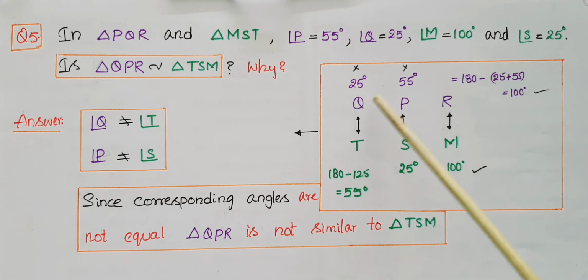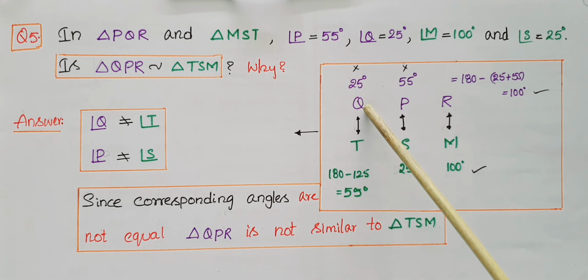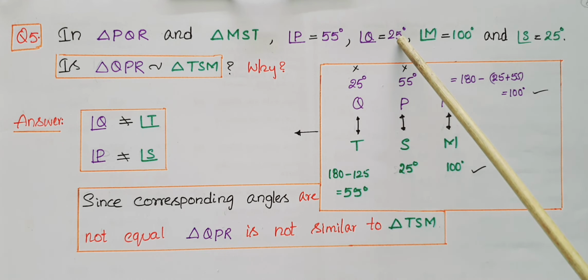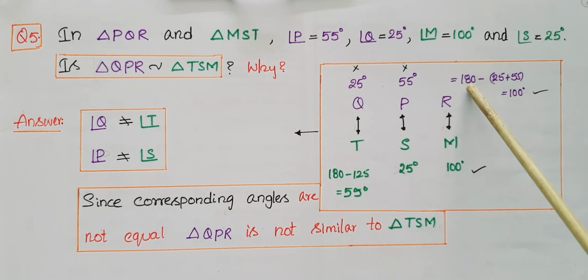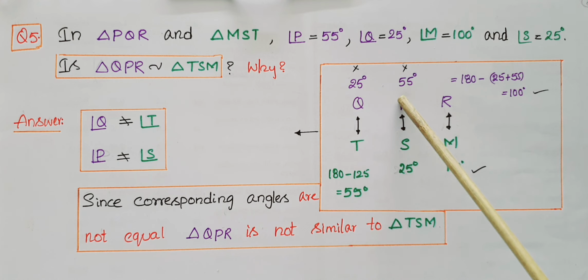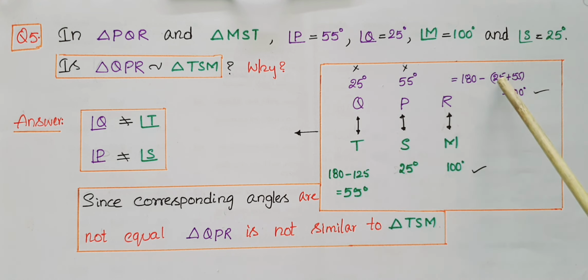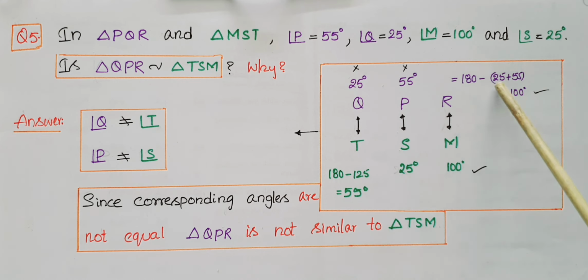So we have to check QPR and TSM here. Angle Q is 25 degrees, that is given, and angle P is 55 degrees, and angle R is equal to 180 minus these two angles. This is a triangle, so the sum of these two angles is 55 plus 25, that is 80, and the sum of the angles in a triangle is 180, so 180 minus 80 is 100 degrees.